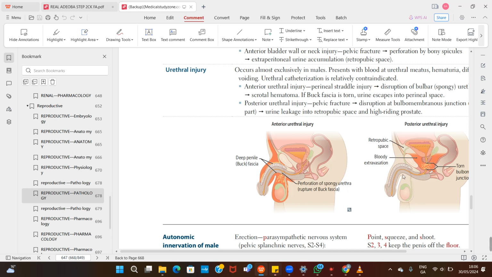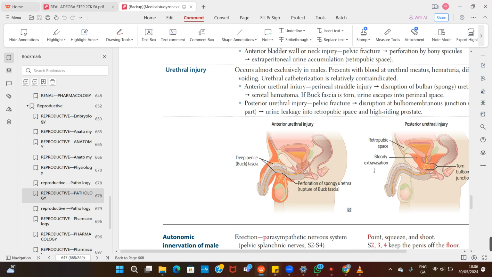Most of the time they might not have gross hematuria, because gross hematuria is very common with bladder injury and renal injury, but they might have microscopic hematuria. Yeah, they can have a high riding prostate, they can have scrotal hematoma, they can have a perineal hematoma, perineal pain, they can have blood at the meatus, they can have difficulty in voiding. So we are going to take them one by one.